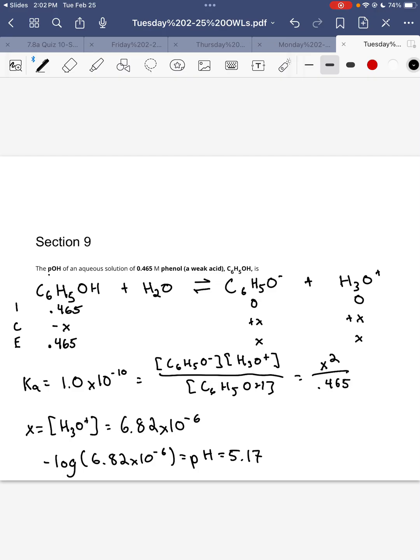But I'm not asked for pH, I'm asked for pOH. So 14 minus 5.17 equals my pOH, which equals 8.83. Hopefully, section 9 is a pretty straightforward one for y'all.